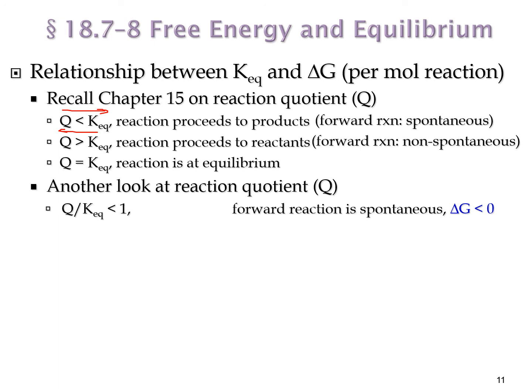Remember, if it is spontaneous, delta G must be less than 0. Now we start to see less than 1, less than 0. We start to see some pattern here. If Q is greater than KEQ, meaning the quotient is greater than 1, and since the forward reaction is non-spontaneous, delta G must be greater than 0.